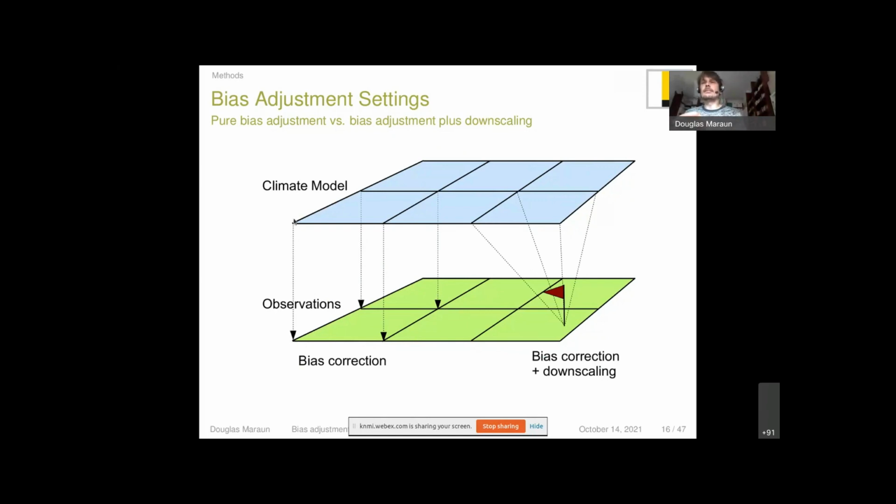Okay, and in this case here, when you map between your model output and the observations at the same scale, then you just have a pure bias correction or adjustment. And if you map your model output with station data, then you're implicitly also downscaling. And this may in some cases work well, but in some cases you might be really in trouble.